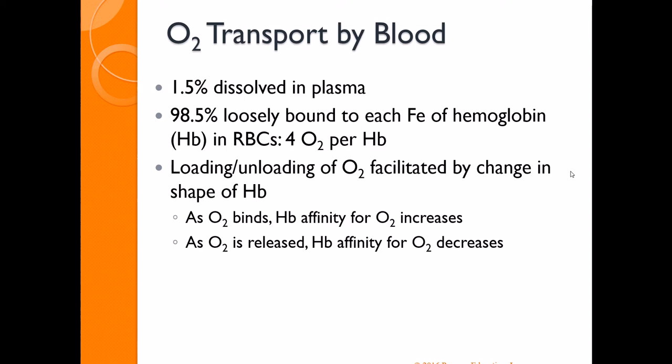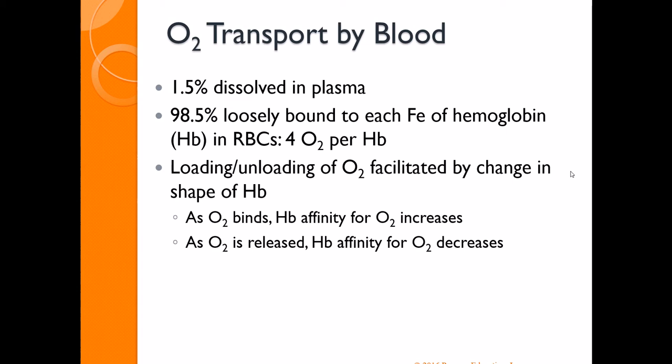Hemoglobin's got a really cool shape, and in fact, as one molecule of oxygen binds to hemoglobin, hemoglobin almost kind of changes shape a little and actually attracts even more oxygen. So the affinity for oxygen to hemoglobin increases.